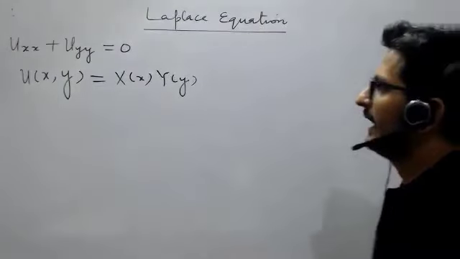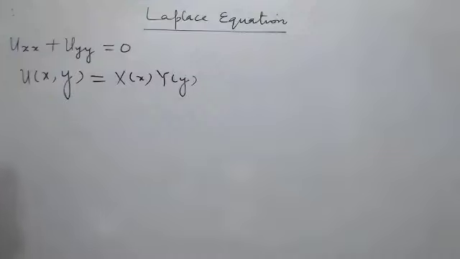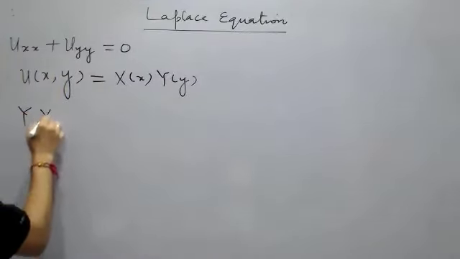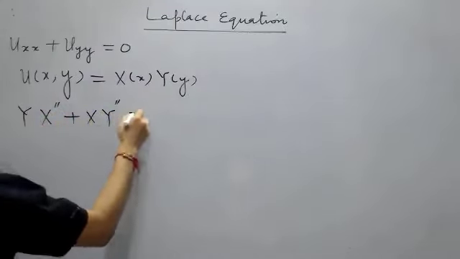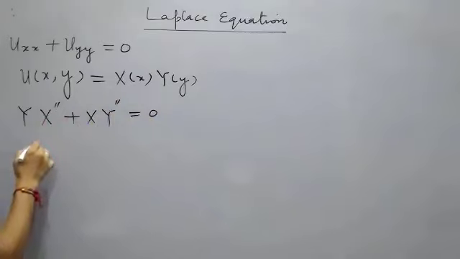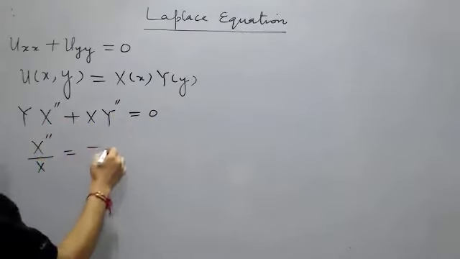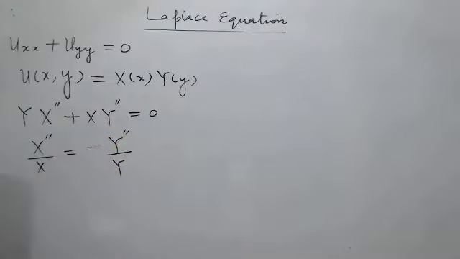So this is X(x) into Y(y), and now put this, it will become Y X double dash plus X Y double dash is equal to 0. So it will become X double dash by X is equal to minus Y double dash by Y. Please see this.